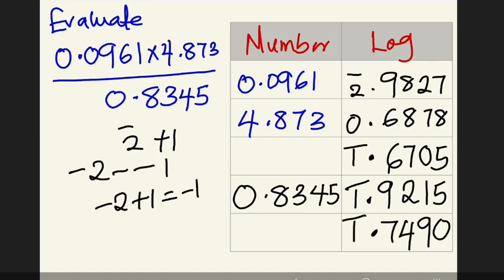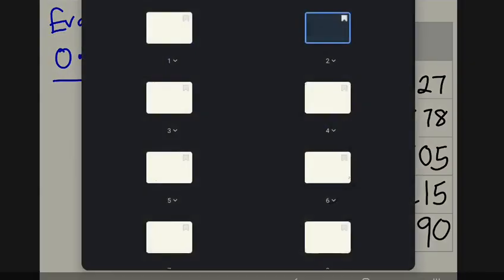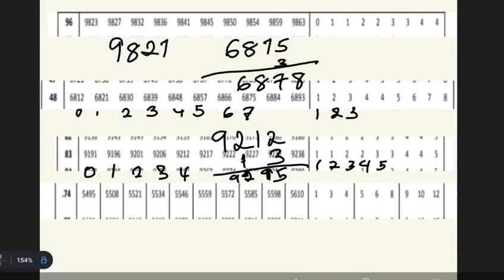What next to do is to go and find the antilog and get the final answer. In getting the antilog, the first thing you must do is rewrite this to have times 10 raised to power minus 1. Bar 1 turns to 10 raised to power minus 1. So let's find the antilog of 74 under 9. That is 0, 1, 2, 3, 4, 5, 6, 7, 8, 9.